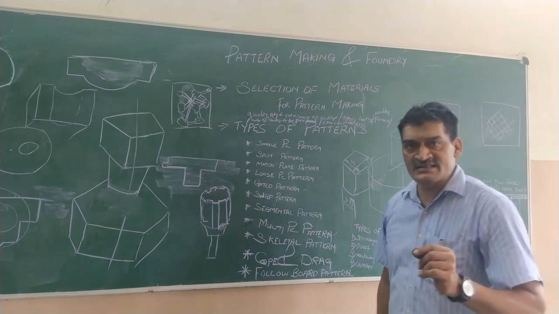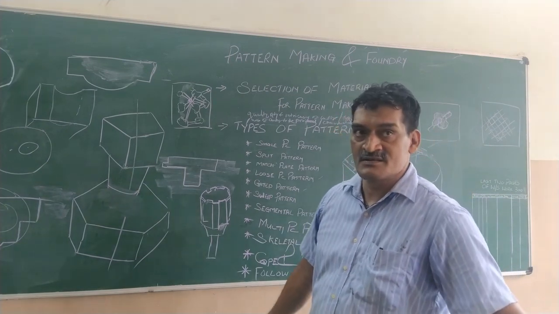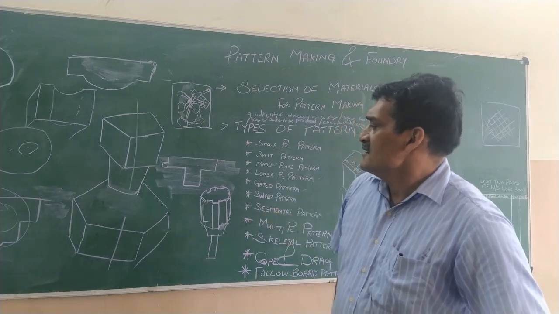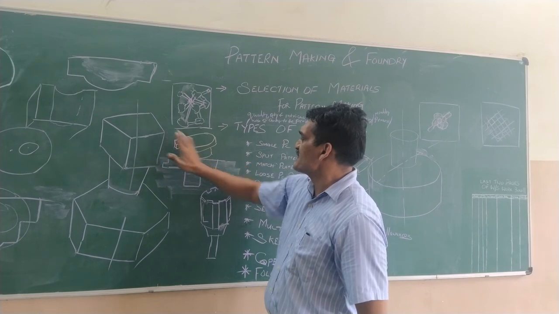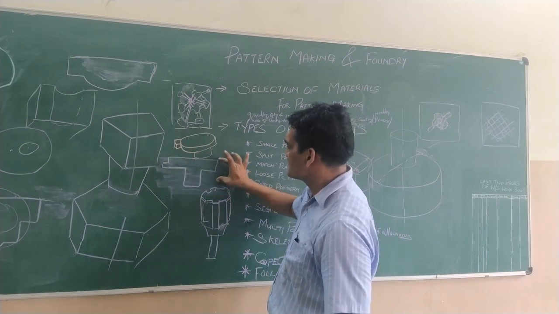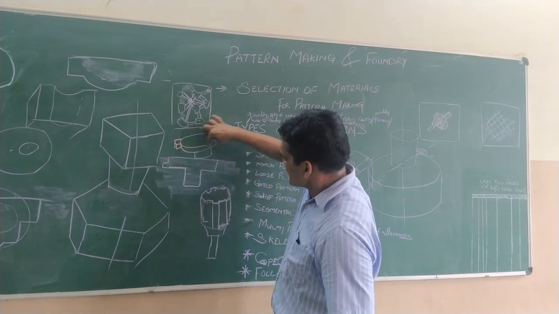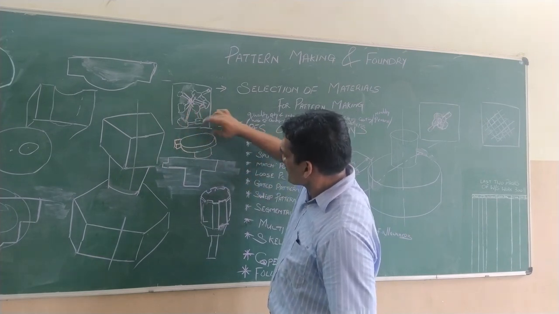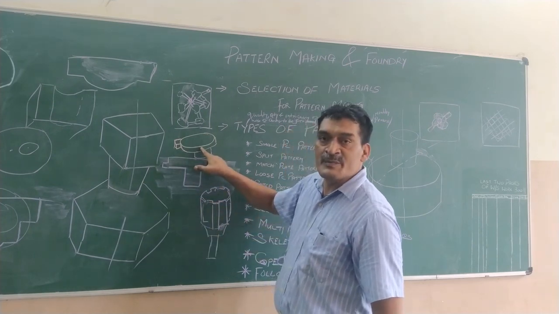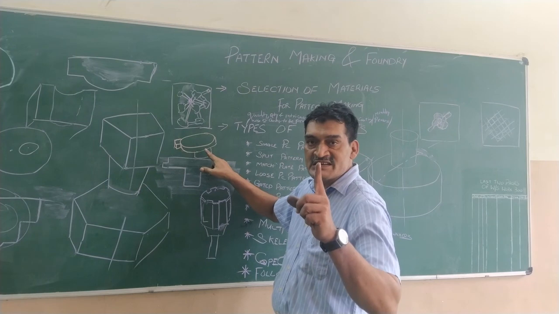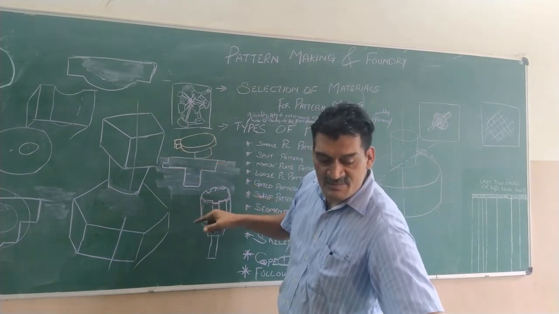In a loose piece pattern, we have a small loose piece. Now, let's say we have something like this. A circular shape and a small step down. We can prepare the mold using a single pattern. Something like this.